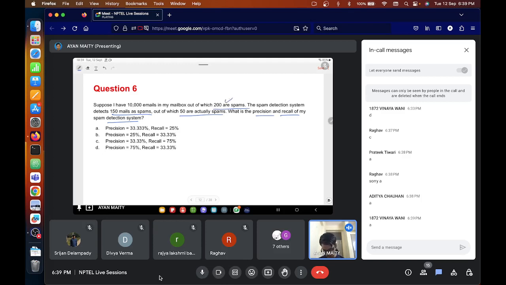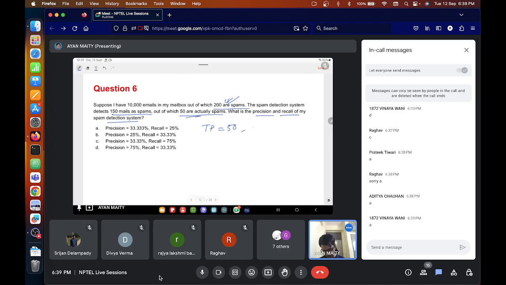So 200 are actually spam, and spams are positives here. So as 200 are actually spam, the system detects 150, and you have to find out true positives. So 50 are actually spam, so true positive is 50 here.